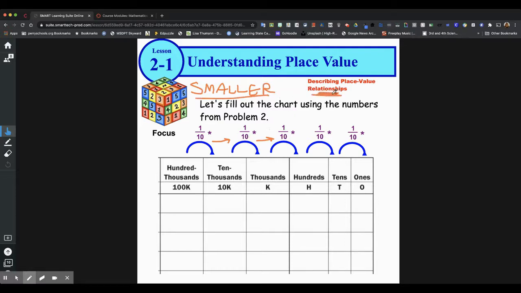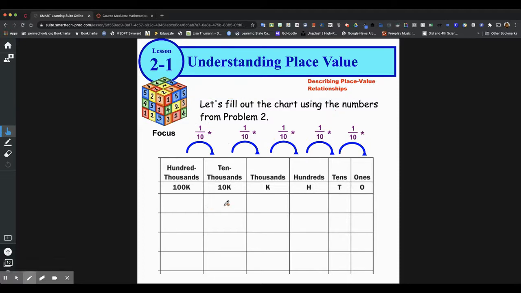That's the relationship. You see that they multiply by a fraction. What I want you to understand is multiplying by 1/10 is the same as dividing by 10. So when we move to the left, we multiply by 10. When we move to the right, we divide by 10.